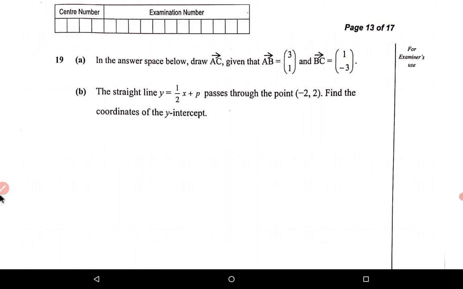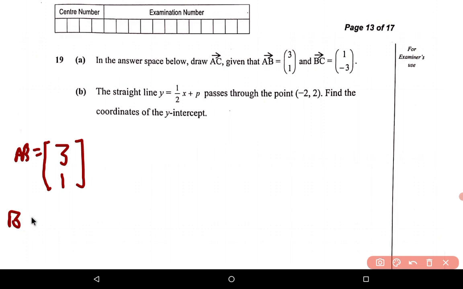So we have AB, sorry, let me write them here. So AB is (3, 1), so this is AB, and BC, that is (1, negative 3).